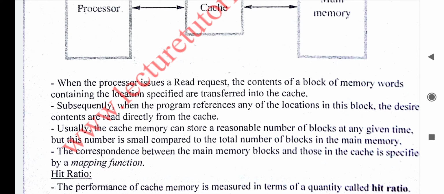Suppose the processor needs any content from the main memory; first it checks whether the content requested by the processor is available in cache or not.